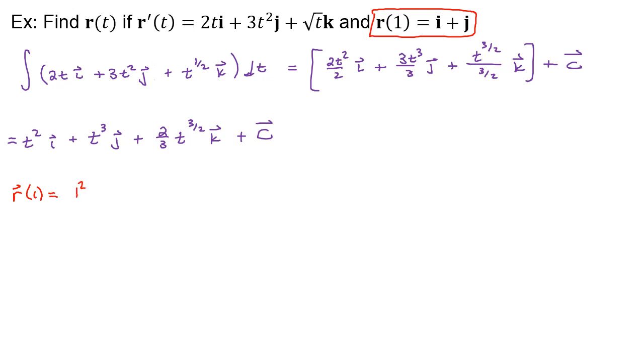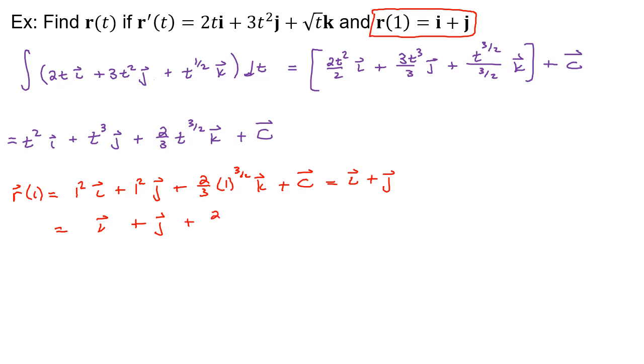That would be 1 squared i plus 1 squared j plus 2/3 times 1 to the 3/2 k plus c, which had to be i plus j. Well, this is i plus j plus 2/3 k plus c.